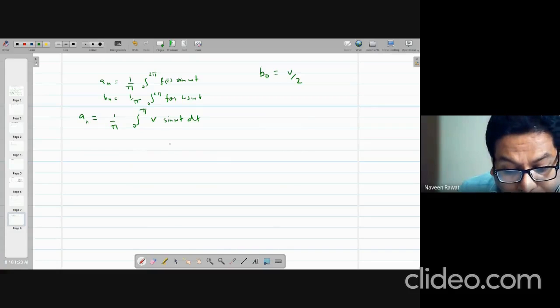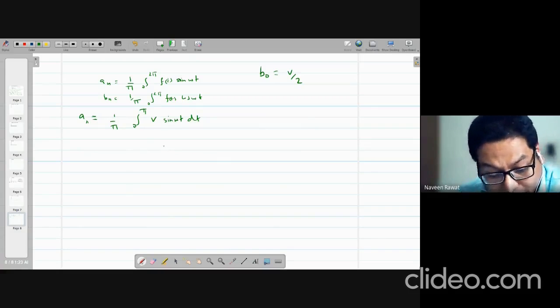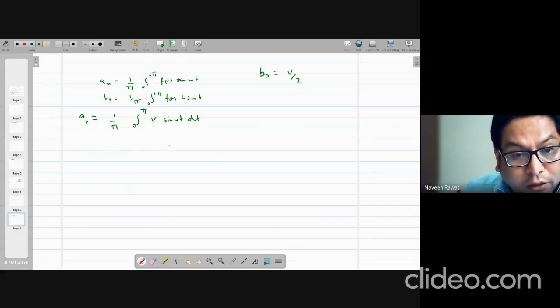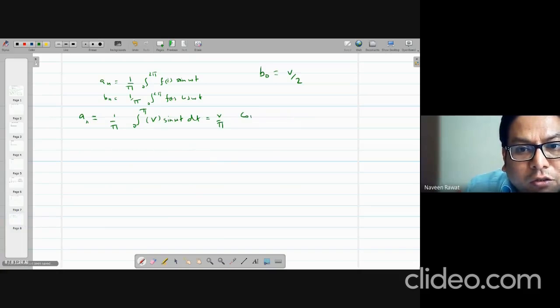And again, for calculating this integral, you just have to look at the value. Again, v is constant, so v will go outside, so it will be v by pi, and the integral of sine is minus cosine omega t divided by omega, and then you are evaluating 0 to pi.